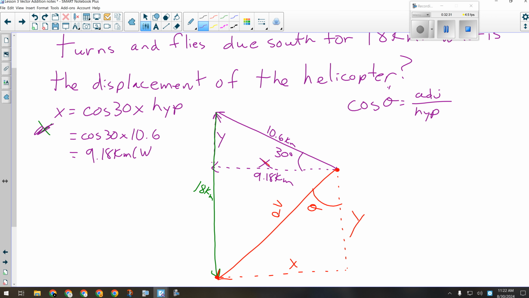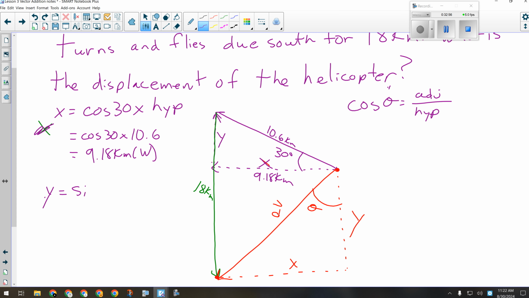9.18 kilometers west. Can I also calculate purple Y? It's going to represent how far north the helicopter went during that part of the trip. I already did X. It's the opposite side. So what trig function am I going to use to solve for that one? Sine, right? I've got the hypotenuse, I've got the angle, I'm looking for the opposite side.